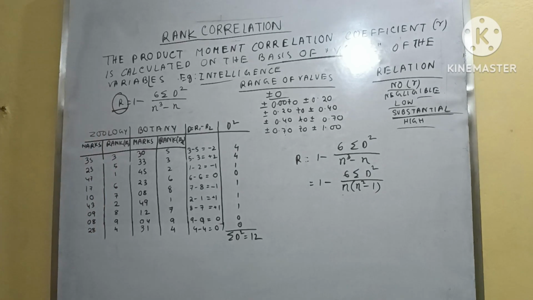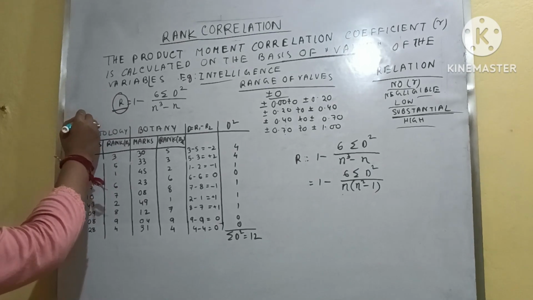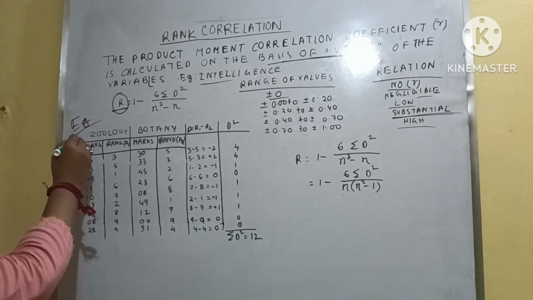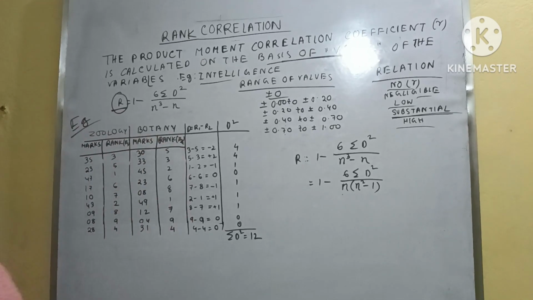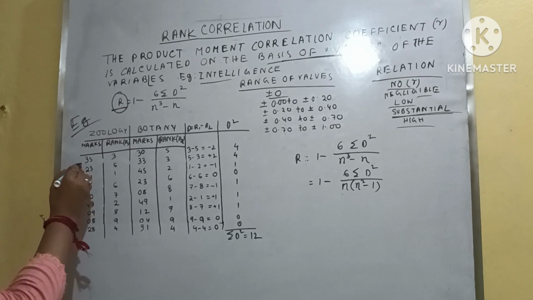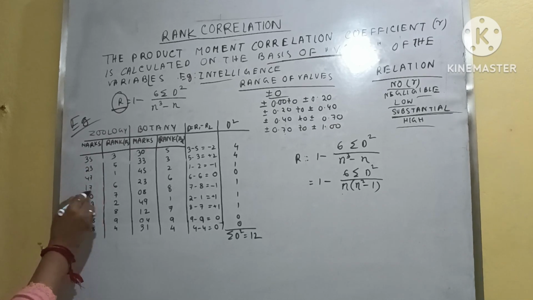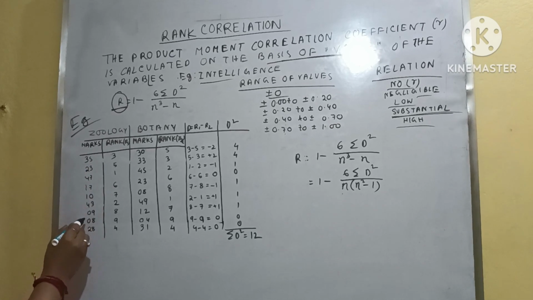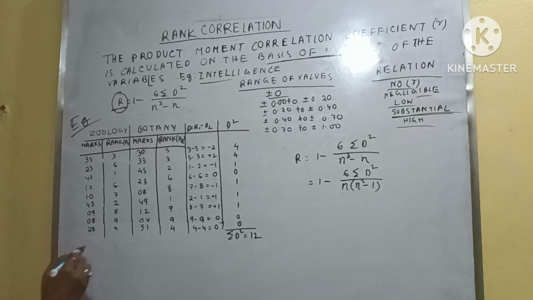Here we have one example. This is zoology and this is botany, and the marks are like this: 35, 23, 47, 17, 10, 43, 09, 08, 28.